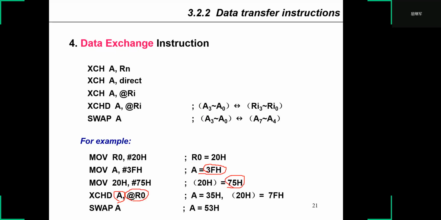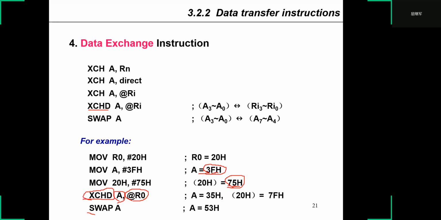If we use the instruction XCHD, the lower 4 bits of each are exchanged, so you get 35H and 7FH. This is XCHD.